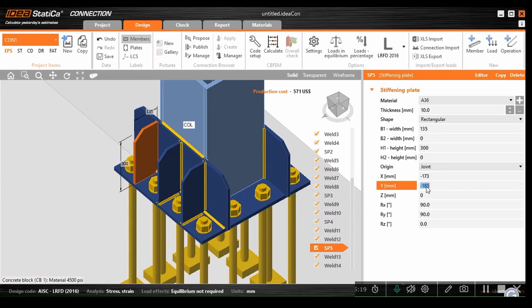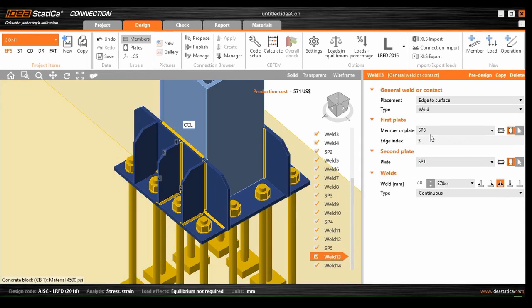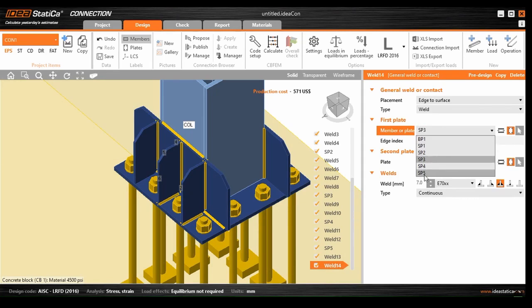And select the weld 13. And change the first plate to SP5. And do the same for weld 14. Okay, so good.